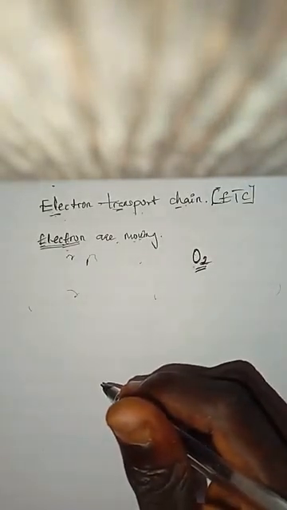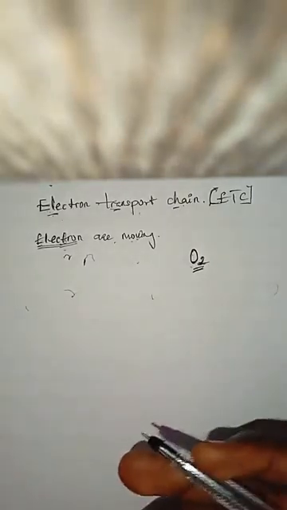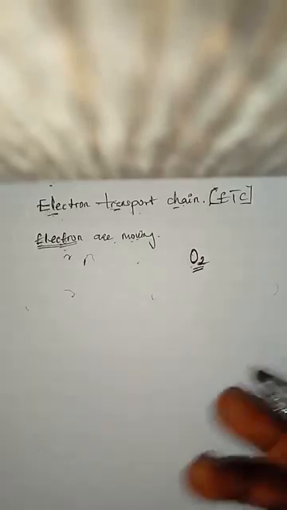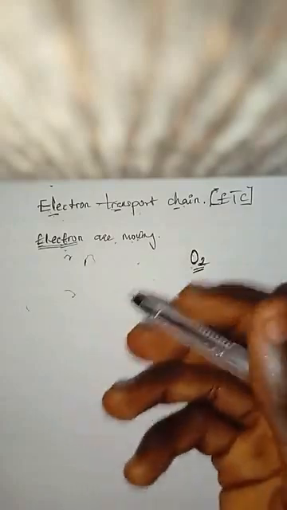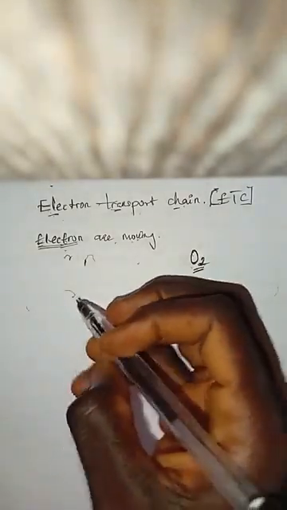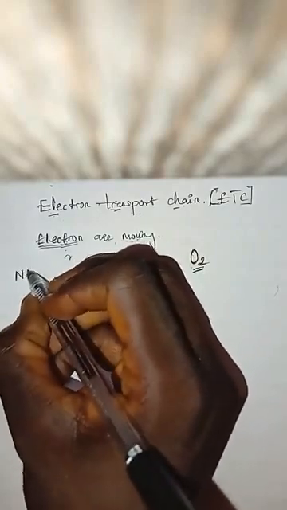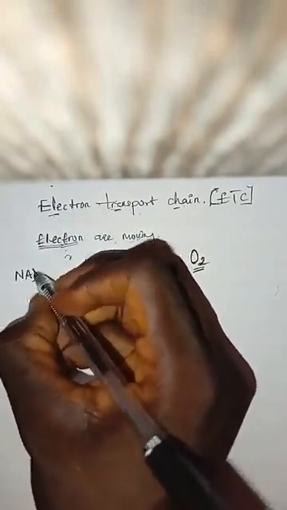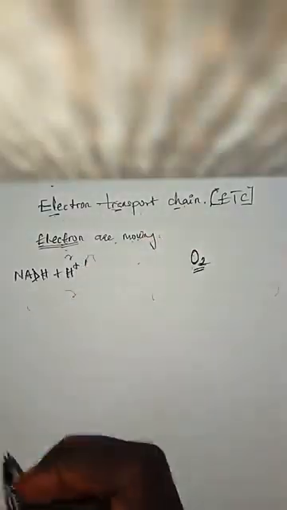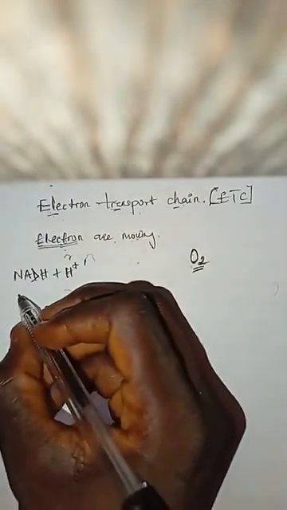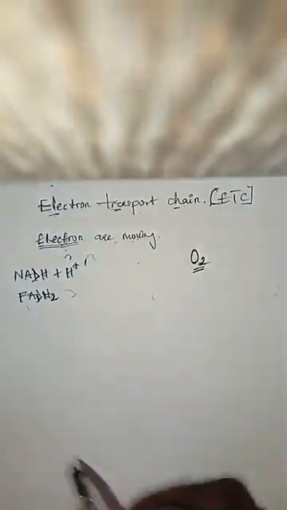Now, if electrons are being transported, what is the source of these electrons? If you say electrons are being transported in the electron transport chain, where do we get the electrons from? To answer that question, you need to know that the electrons are gotten from the reducing equivalents, which we know popularly as NADH, written like this: NADH plus H, and also FADH2.